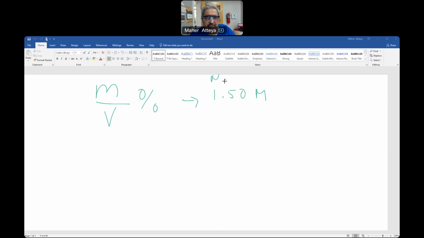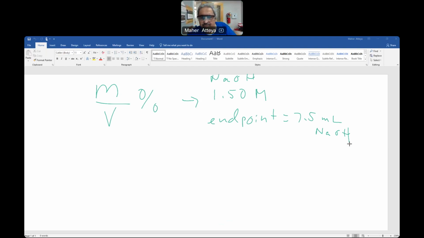That's sodium hydroxide. And the endpoint is 7.5 milliliters of sodium hydroxide. And we have to get the mass over volume for acetic acid.